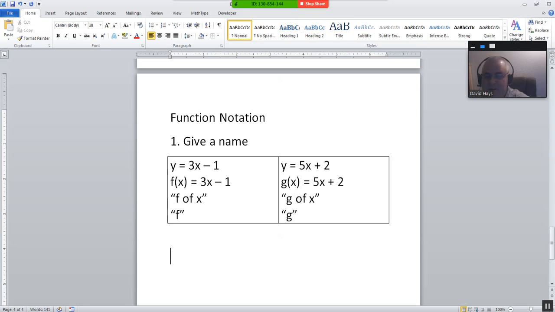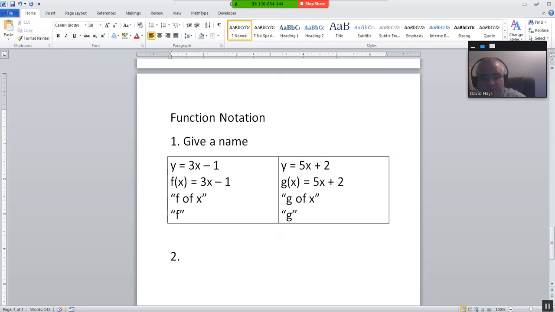Now, if I told you to graph f of x, or I told you to graph g of x, you'd know which one I was talking about. Now, these are interchangeable. If you have a y there, you could put f of x. If you have f of x, you could replace that with y. So that's entirely up to you. Some people like when they're graphing to have it say y equals, but it doesn't matter.